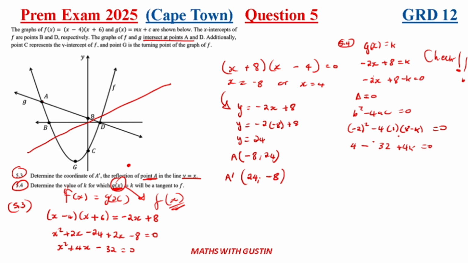Then 4 minus 32 is going to be negative 28 plus 4k is equal to 0. Then take that one to the other side. 4k is equal to 28. Divided by 4, k is equal to how much? All right, 28 divided by 4 is equal to 7.